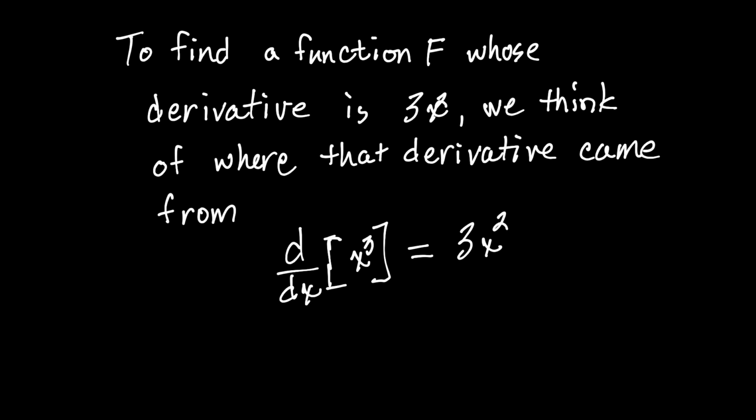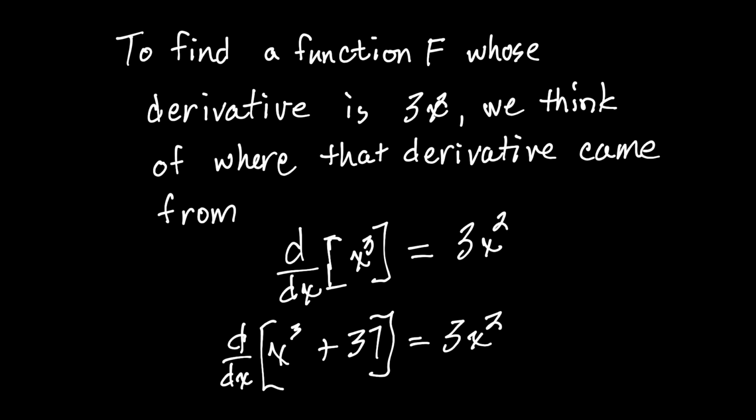So that's the start of it. However, x cubed plus, say, any constant, 37, my wife's favorite number, if I were to take the derivative of this function with respect to x, it would still give us 3x squared, which is what we have here.